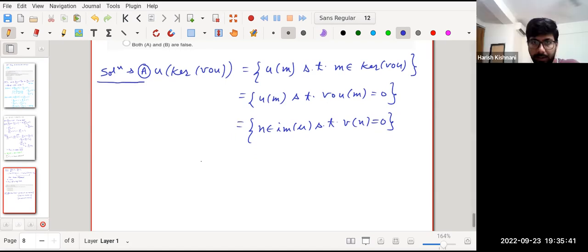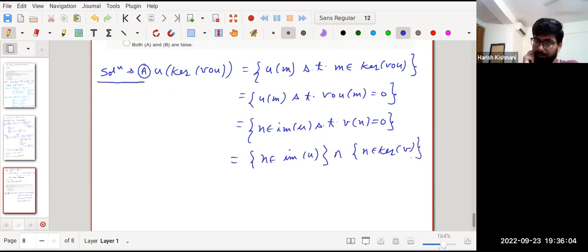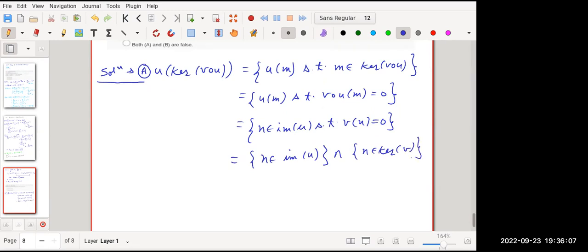But what does this mean? This is the set n belongs to image of U intersection n belongs to kernel of V. So this is image of U intersection kernel of V. Okay, so first part is okay.